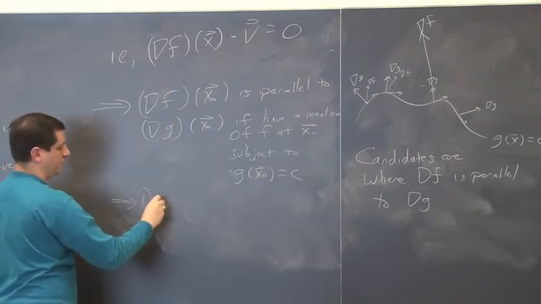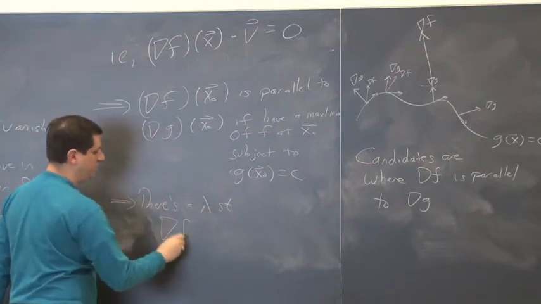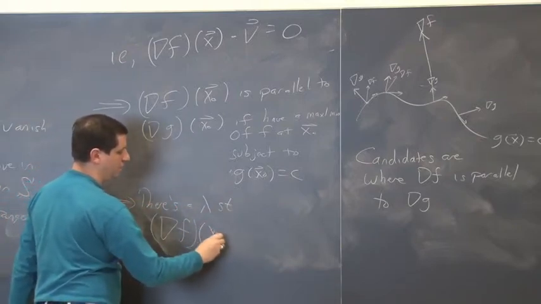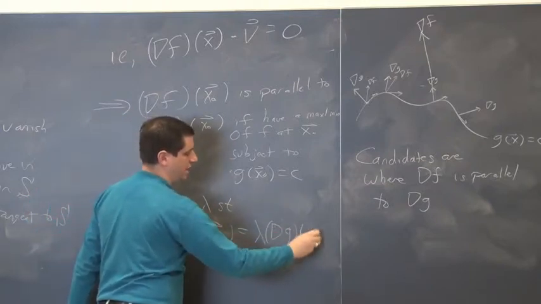Therefore, there's a lambda such that the gradient of f at x naught is just lambda times the gradient of g at x naught.